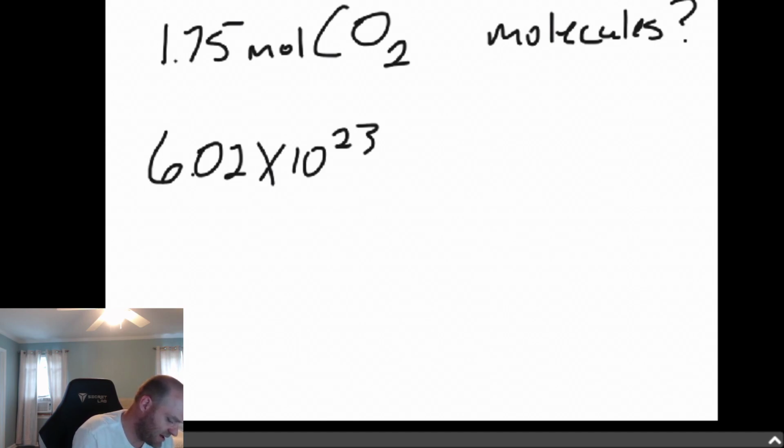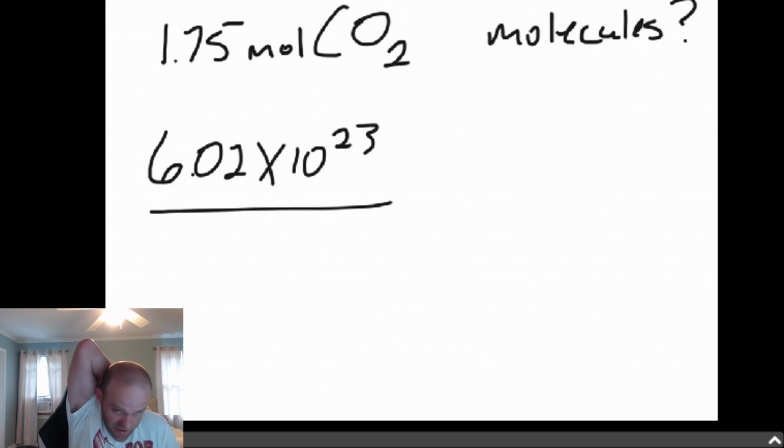And then that would be just a number. So this is unitless, right? I mean, the mole is the unit. This number just represents a number, but there are no units on the back of it. It's that number of whatever I'm talking about. I can have a mole of hydrogen, which will be 6.02 times 10 to the 23 hydrogens, and a mole of water will be 6.02 times 10 to the 23 waters.